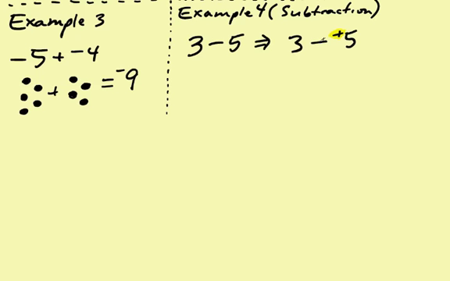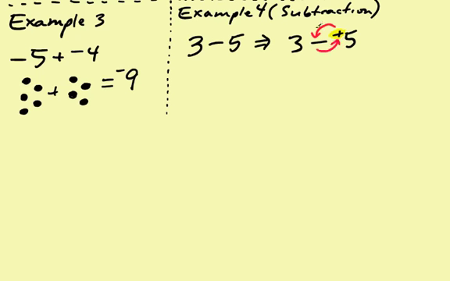Well, if it's 3 minus a plus 5, another way of answering this is I can actually switch those signs, and I'll explain what I mean. So I can switch these two signs.